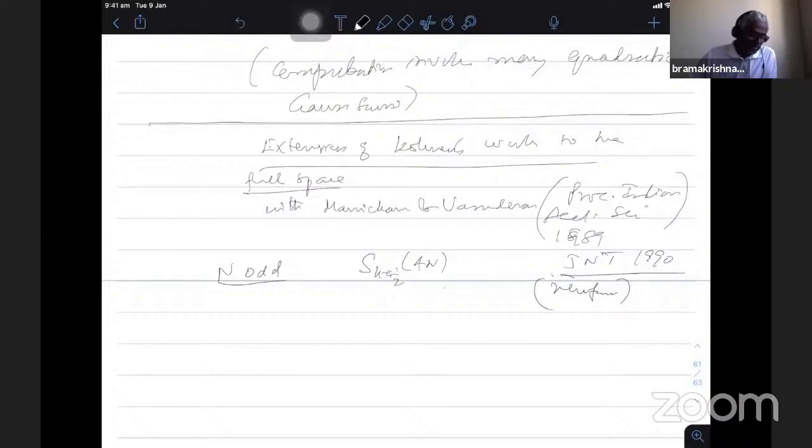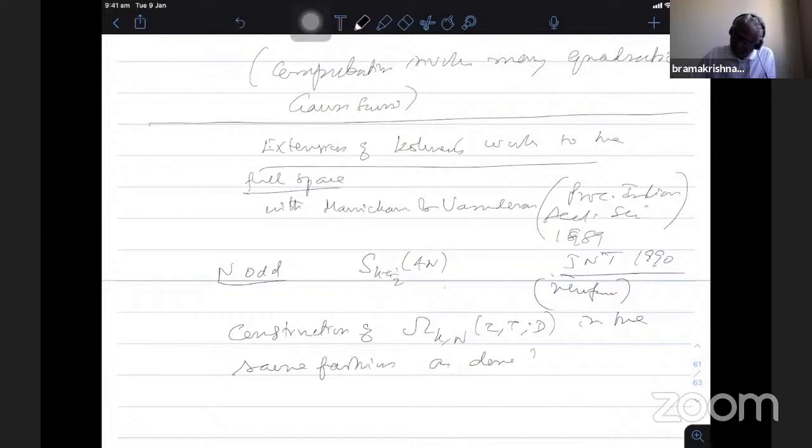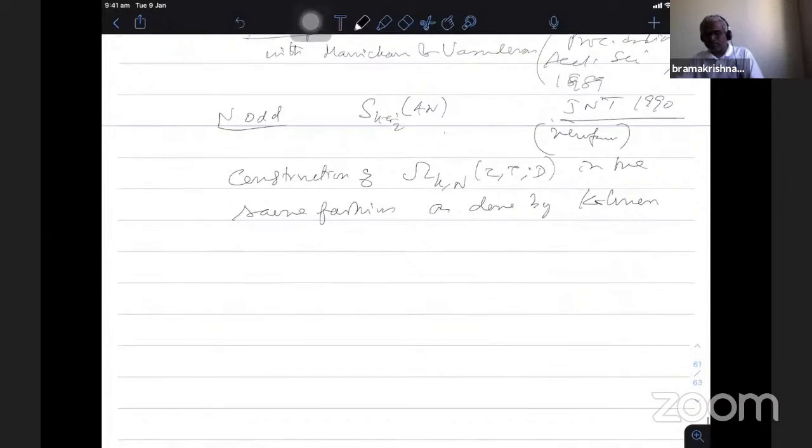So you construct omega_{k,n}(z, tau, D) in the same fashion as done by Conrey. That means you construct the function in the integral weight as an analogous one in the full space, of level 2n.